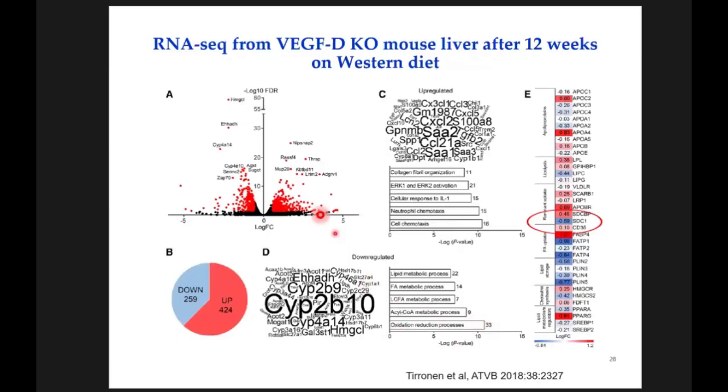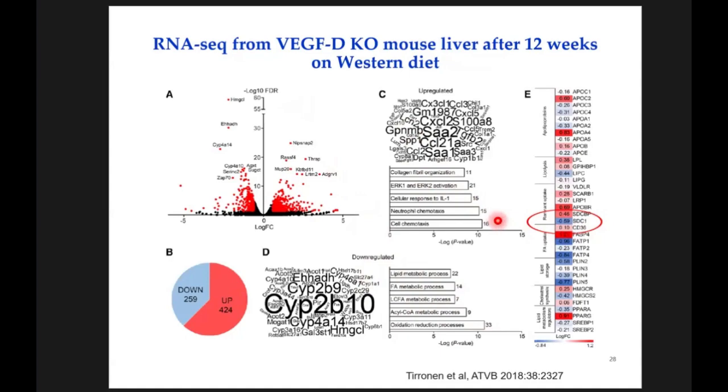We did a lot of RNA sequencing, and there are a lot of changes in, for example, downregulation in lipid metabolic genes and so on, and upregulation in some of the ERK signaling pathways. I'm not going into those, but I'm showing you this one, which is syndecan, that was very much downregulated.